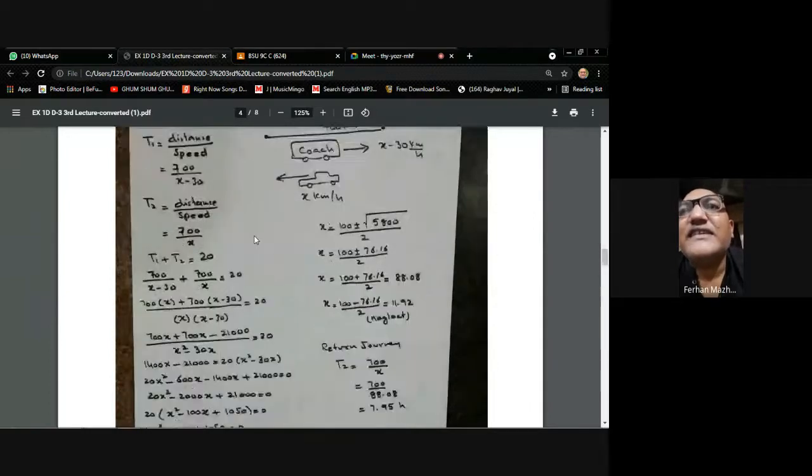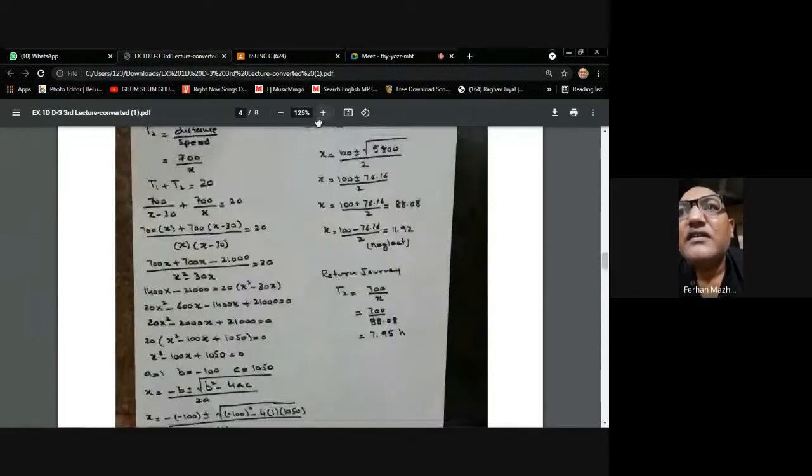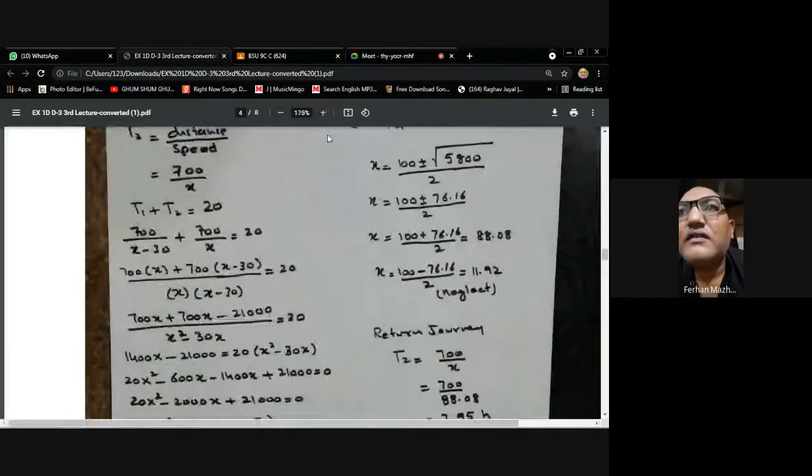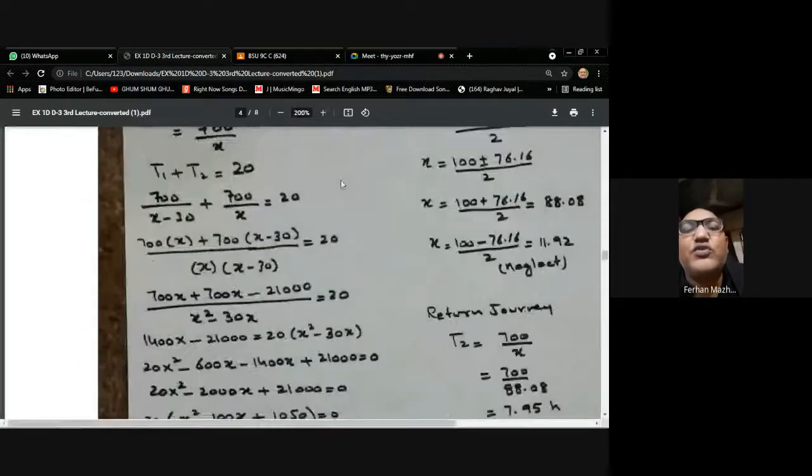So now you can see that T1 plus T2 is equal to 20. So I will put the value: 700 divided by x minus 30 plus 700 divided by x is equal to 20. And I will take the LCM. In the LCM, we will have x and x minus 30, both the denominators.